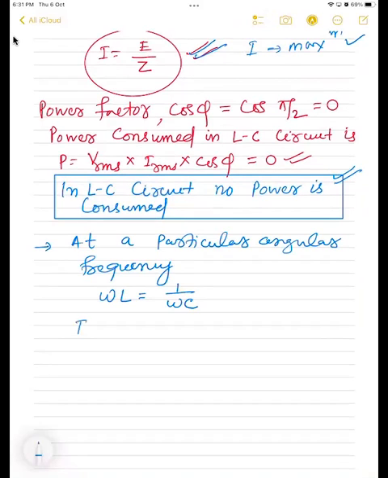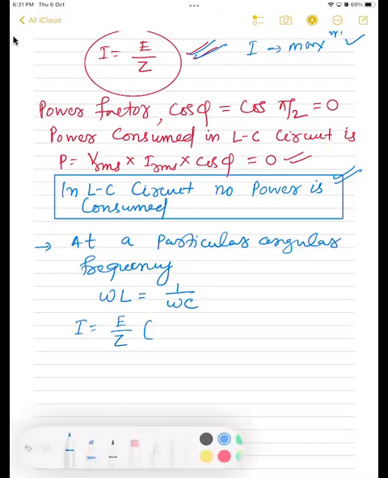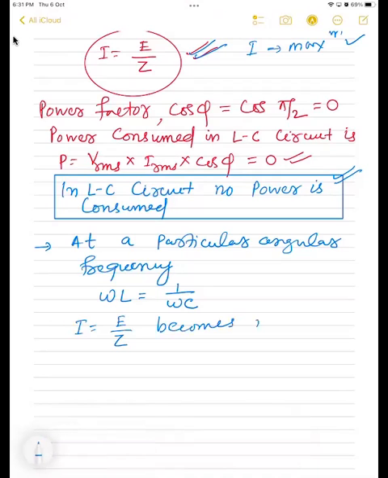And I is equal to E by Z. So that becomes maximum, that is I naught. And in this case, we say resonance occurs, right?